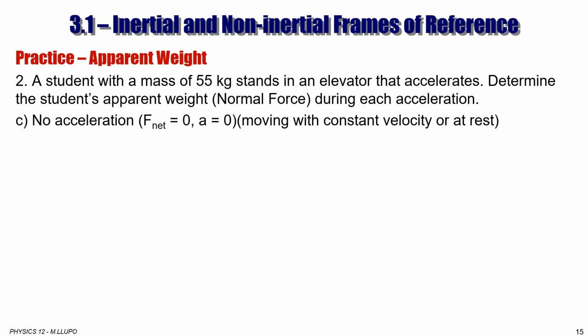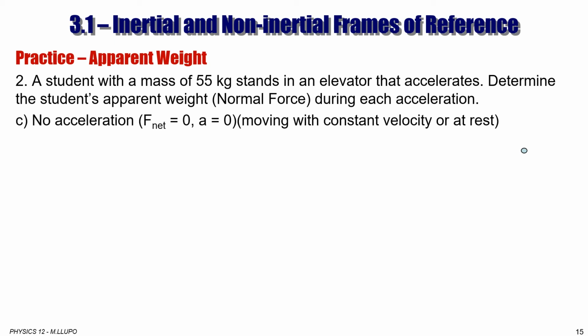A student's normal weight is when there is no acceleration, when F net is 0, when the forces are balanced. So that means, based on the first Newton's law, the student is moving at constant velocity or not moving at all. So to solve it, as always, we draw a free body diagram. We have two forces, Fg and Fn.